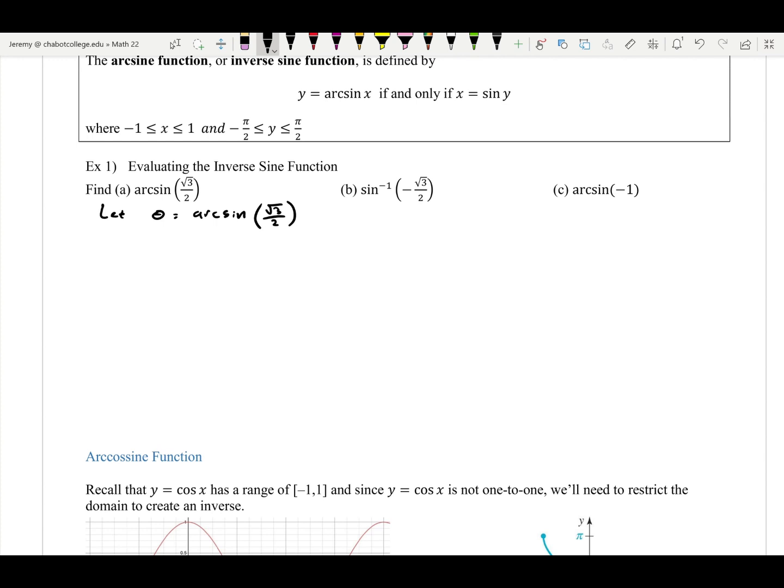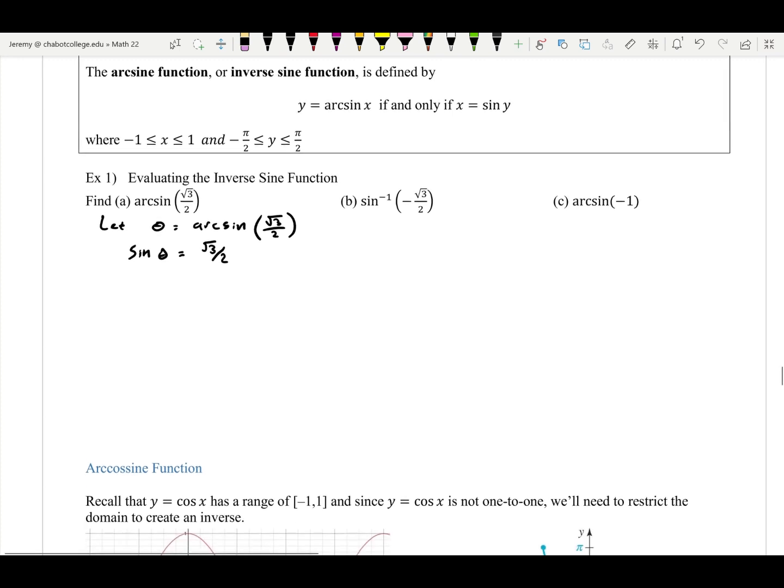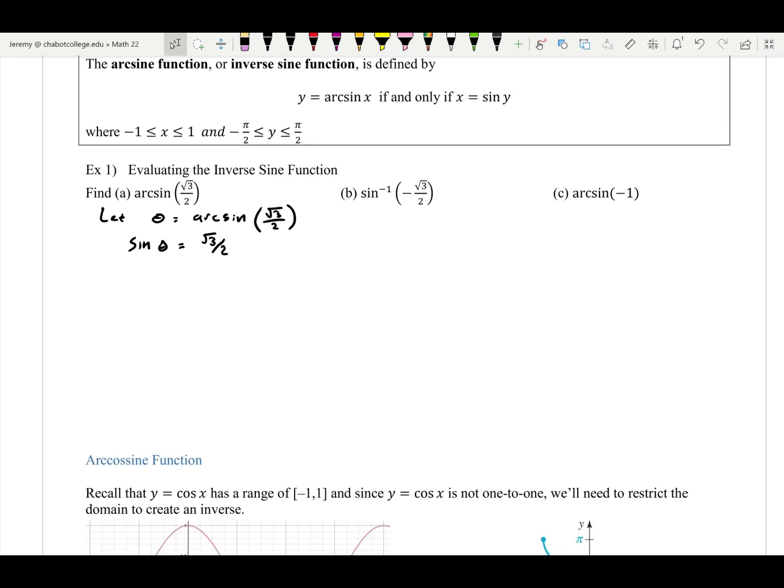And the thing that we know about theta is that sine of theta should be equal to root 3 over 2. I'm basically converting from this equation to this equation, right? I'm rewriting this where I have this variable theta that I'm trying to solve for, and I have it now represented in this basic trig equation, which we've dealt with before.